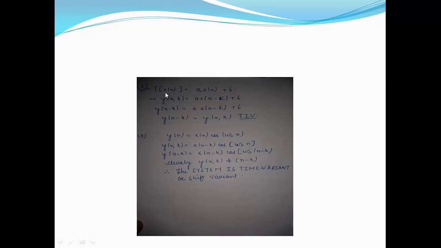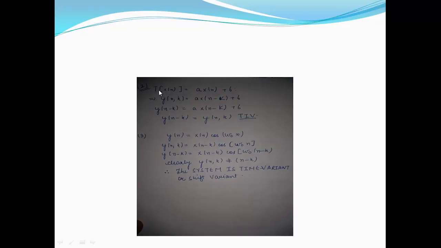Here is another example. What is T? T is a function of the system. When you supply x(n) to the system, your output will be T of x(n); in other words, it's y(n).